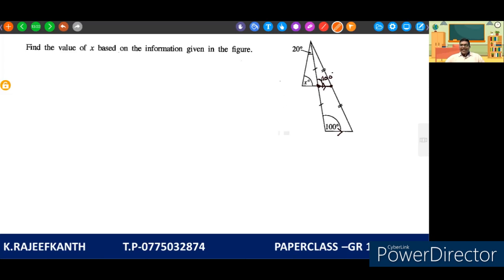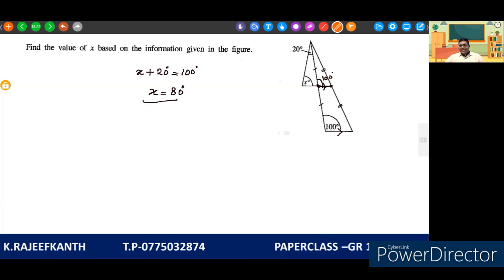So this exterior angle should be equal to the sum of interior opposite angles. Then we can write x plus 20 degrees is equal to 100 degrees. Right? Then x is equal to 80 degrees.